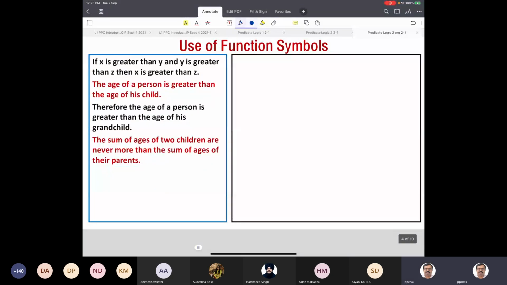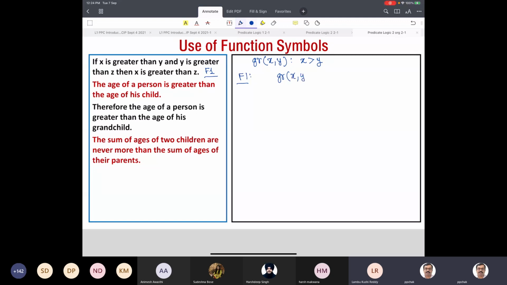Now, suppose we want to write this F1. Then we will define a predicate symbol to signify X is greater than Y. How will we write F1? Somebody help me. gr x comma y and gr y comma z implies gr x comma z.